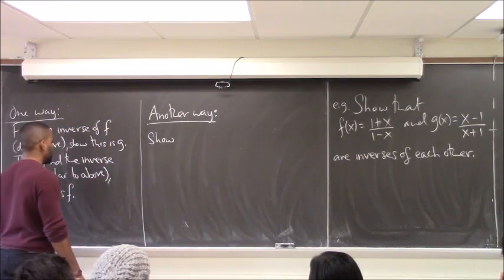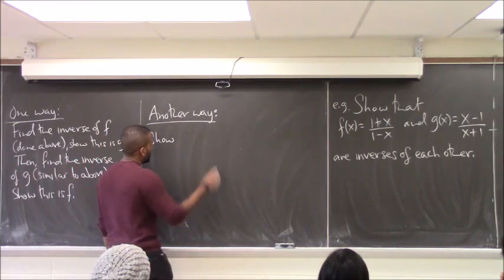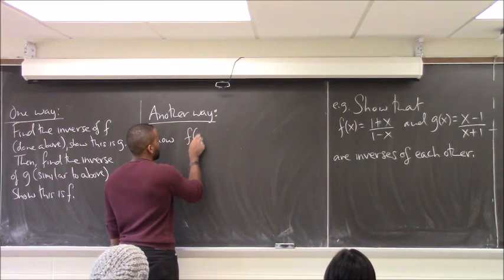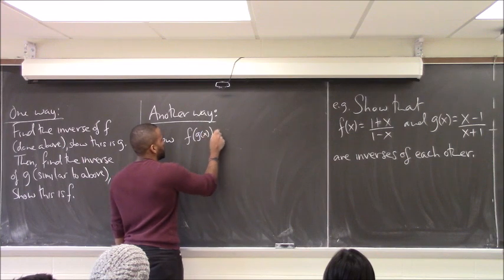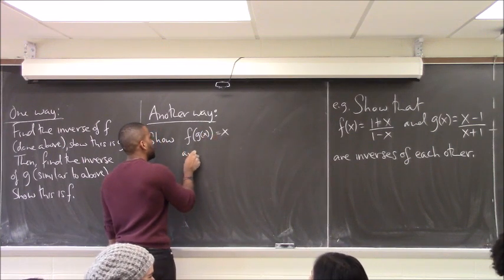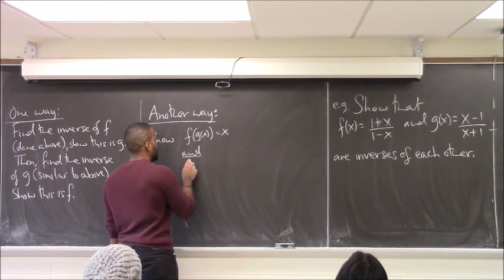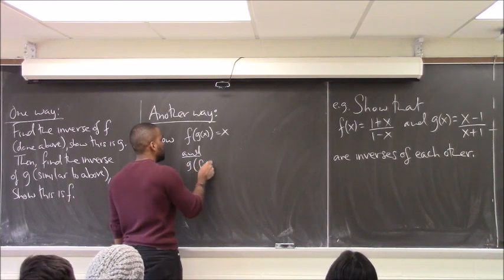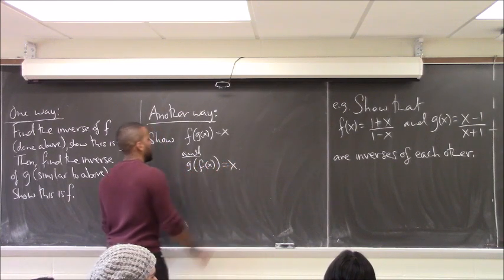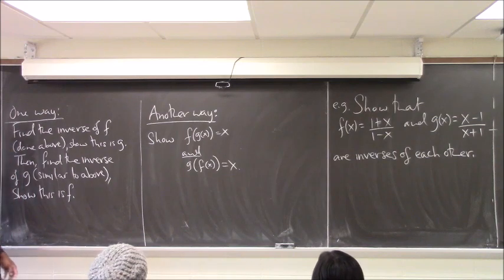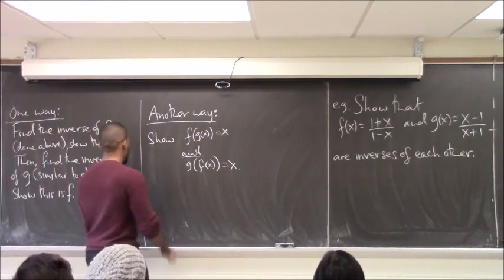That's going back to the earlier definition. So basically you want to show that if you were to plug g into f, the result would be x, and if you plug f into g, the result will also be x. So if you show both of those.